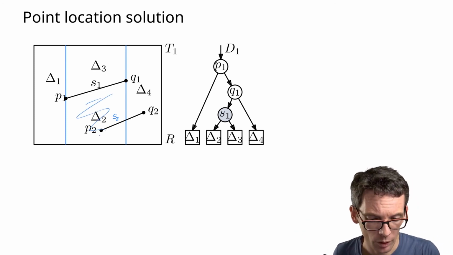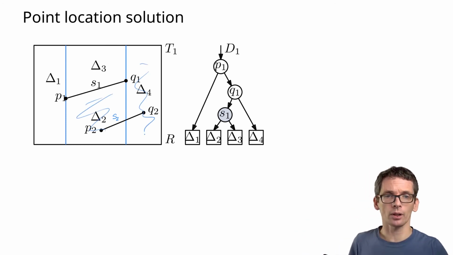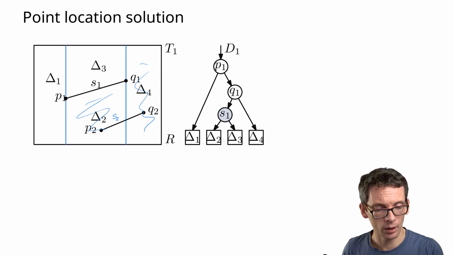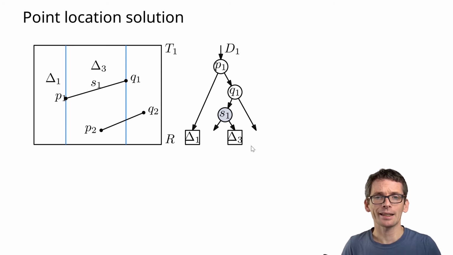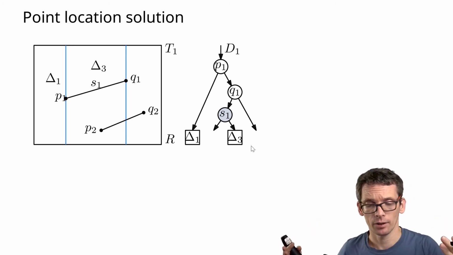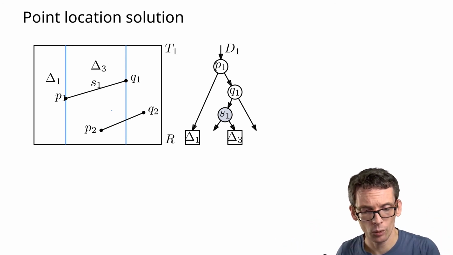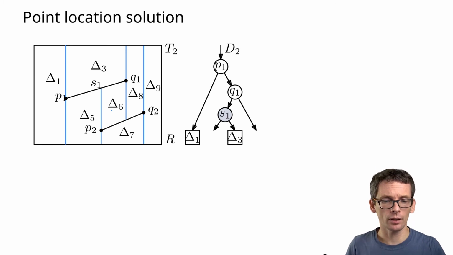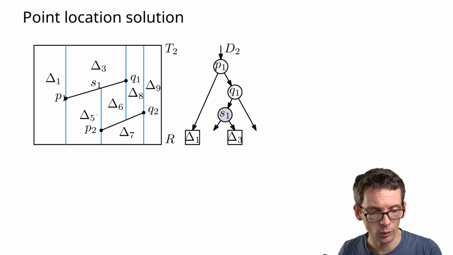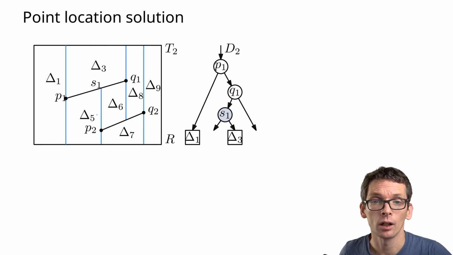I mean, it will destroy this trapezoid and that trapezoid. So those leaves will disappear here in my search structure, and instead I will need to build something else. What I will need to do is update my vertical decomposition. That will look like this. And then I will have to update the search structure accordingly.